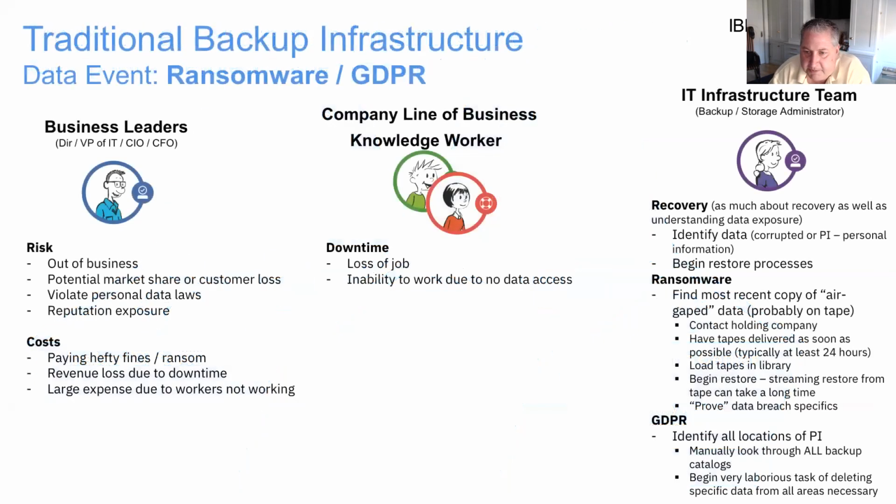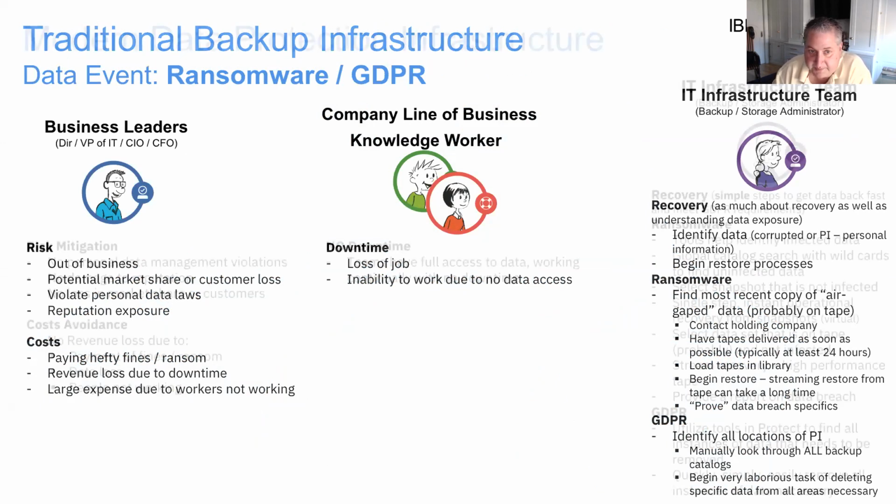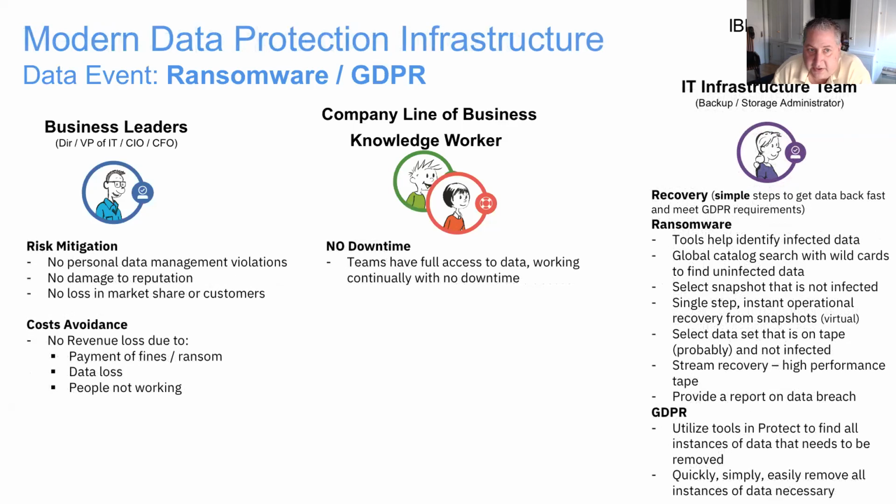So ransomware and GDPR, same kind of thing, right? You feel risk, you feel costs, downtime is an issue, and recovery, or getting that data back, is an issue for the infrastructure team. The one thing I did want to point out here, though, is the catalog on the after side of things, aligning to the catalog conversation we had before.